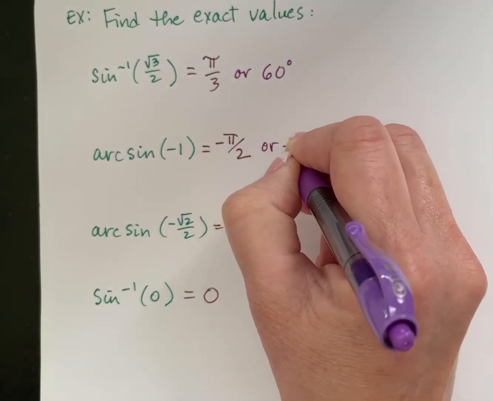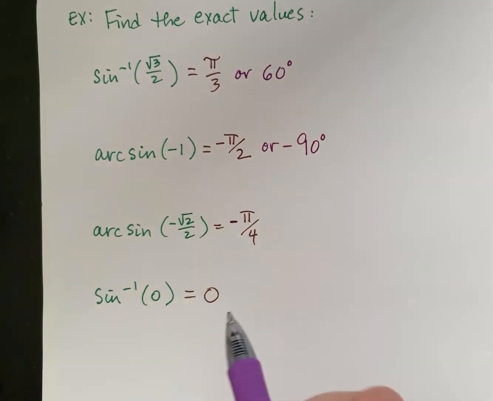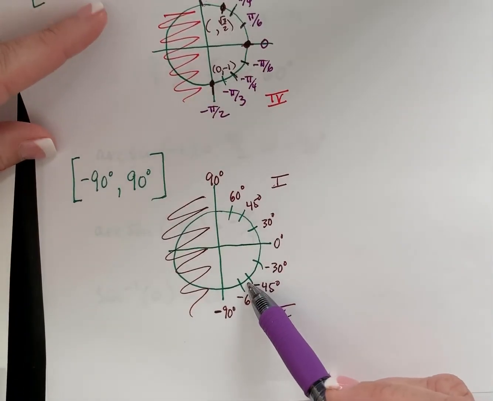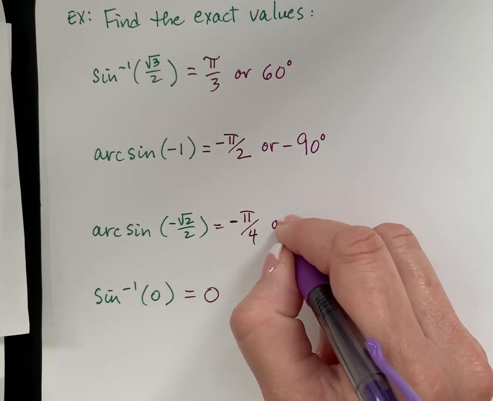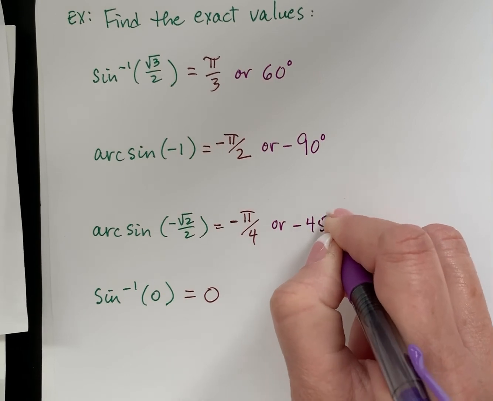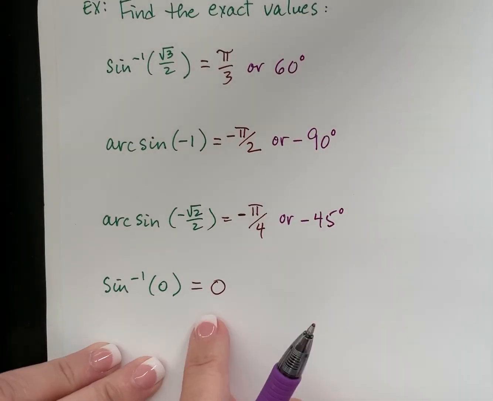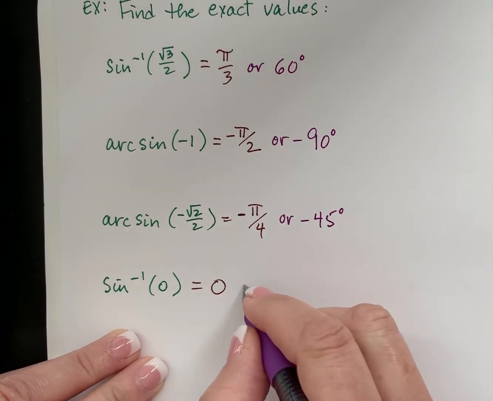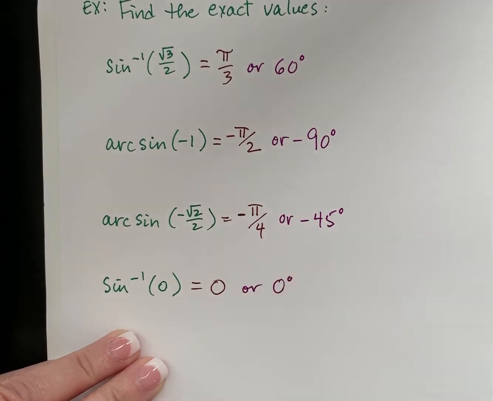In degrees, it'll be negative 90 degrees. Negative pi over 4, that was the one that was right in the middle of quadrant 4. So in degrees, that's going to be negative 45 degrees. And the one where we were doing the inverse sine of 0, 0 radians, that's the same thing as 0 degrees.